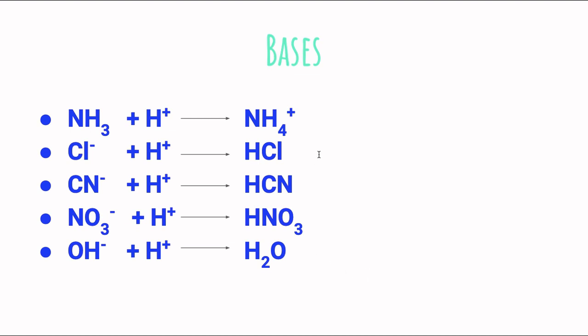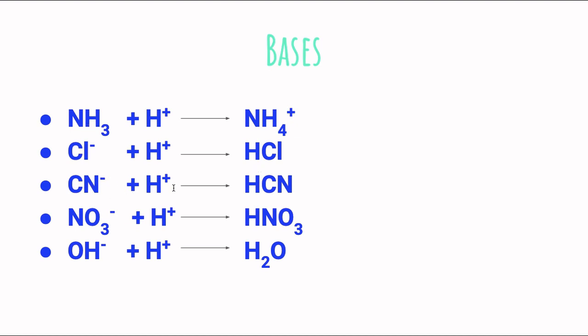See the examples of bases. NH3 is a molecule. By accepting proton, it is converted into NH4 plus, so it is a base. Cl minus ion, it is an ion. By accepting proton, it gets converted into HCl. So according to this theory, different ions also can be bases.